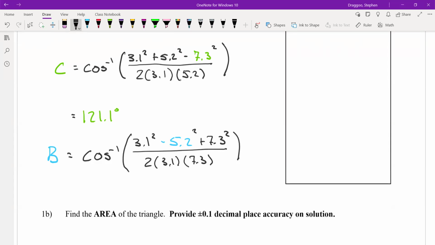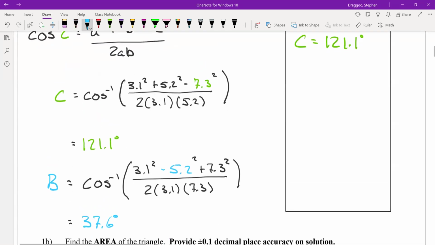The 3.1 and 7.3 go in the denominator for B, whereas it was 3.1 and 5.2 when I was solving for C. As just a quick handy dandy shortcut. But throw that in a calculator and you should hopefully get 37.6 degrees. So we got that over here.